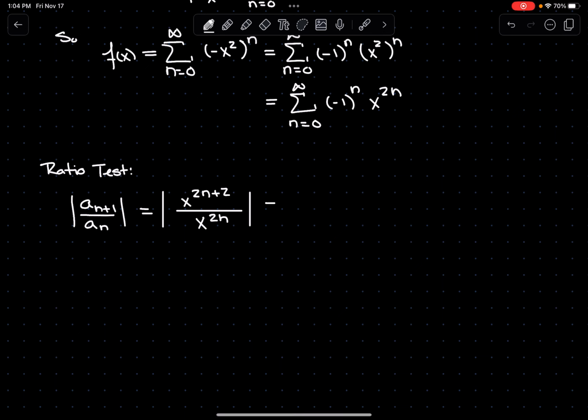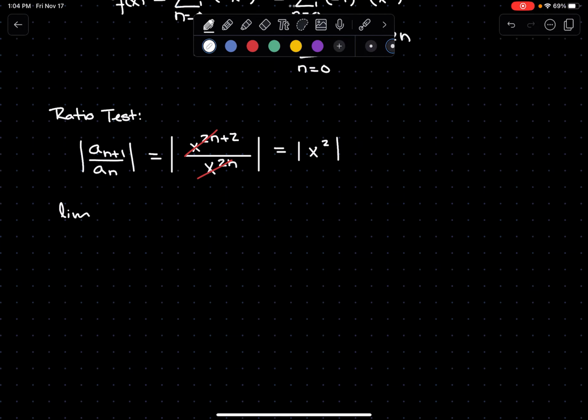Then we get some cancellation: the x to the 2n's cancel, and I'm just left with the absolute value of x squared. Now, if I take the limit as n goes to infinity of a_{n+1} over a_n, x squared doesn't depend on n, so the limit is just x squared.